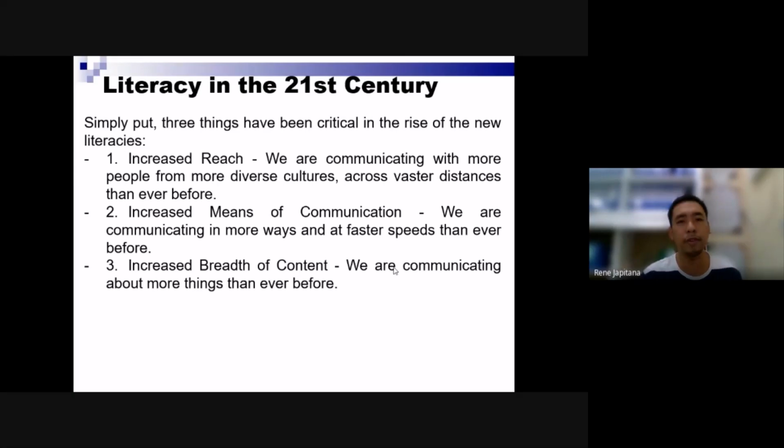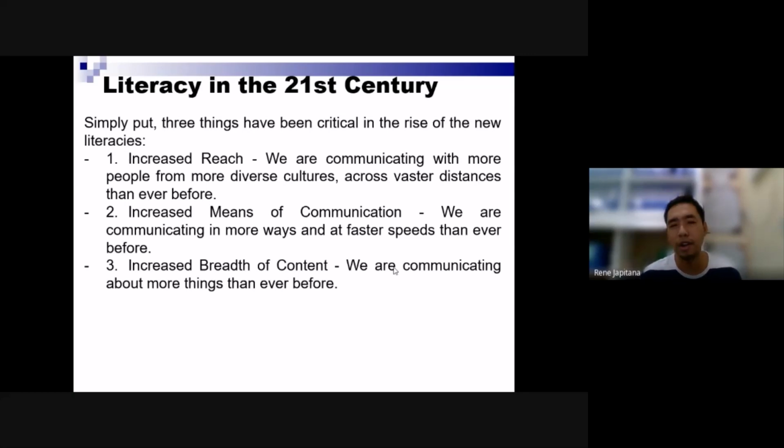That is part of the 21st century, as I always said to you, that communication has widespread in the entire country, the entire world, even though we have diverse cultures, across vaster distances than ever before. Today, communication is very important because we can easily communicate from one place to another.